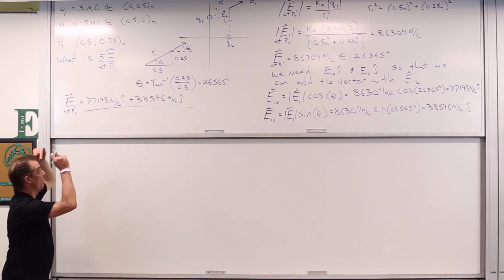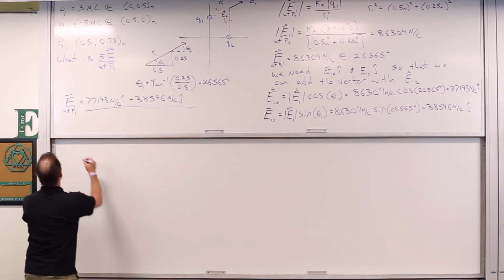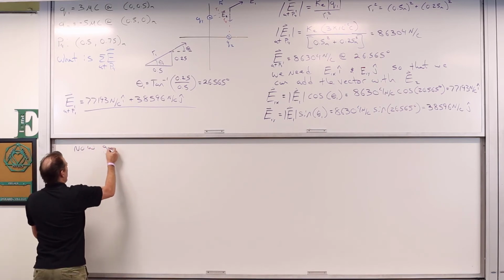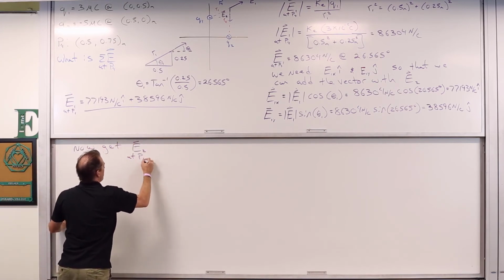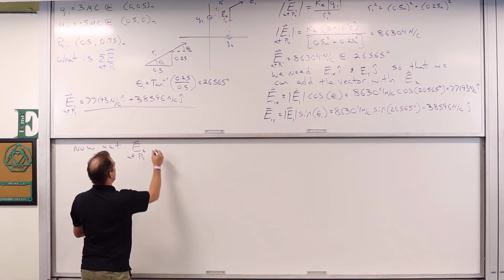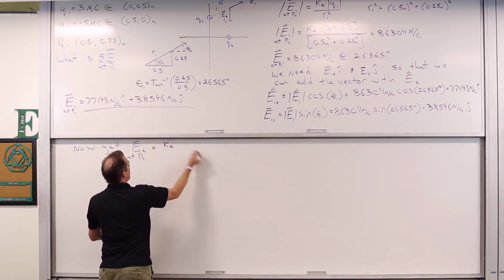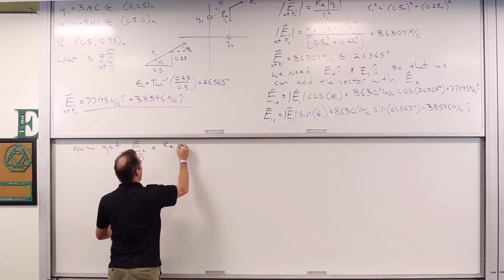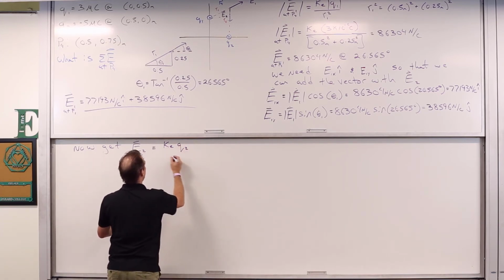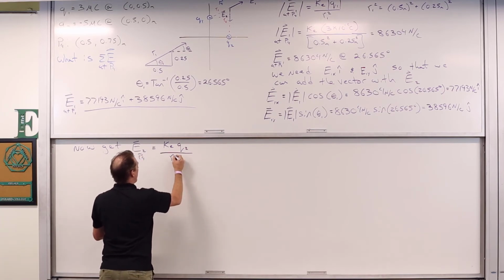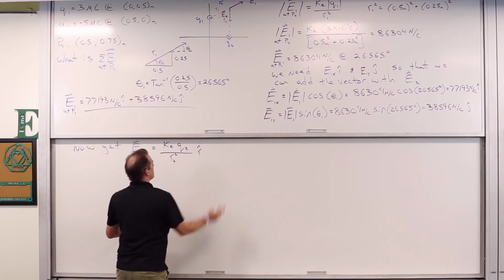Now we've got to figure out, what about E2? Now get E hat 2 at P4. What's that going to be equal to? That's going to be equal to K sub E multiplied by Q2 divided by R2 squared. And this one, we'll just say R hat.